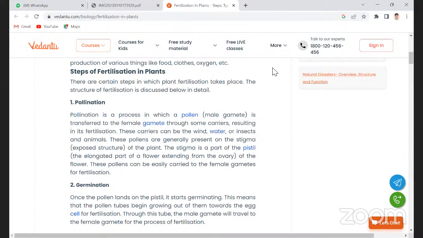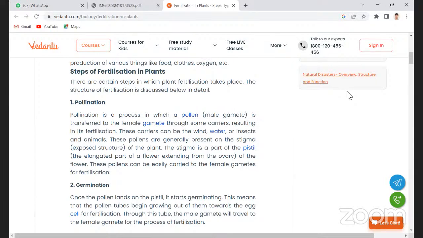Commonly, the pollen tube enters the ovule through the micropyle and discharges the male gametes into the embryo sac. One male gamete fuses with the egg and forms the zygote. This fusion of male and female gametes is known as fertilization. The second male gamete fuses with the two polar nuclei, or secondary nucleus, and forms a triple fusion nucleus called the primary endosperm nucleus.